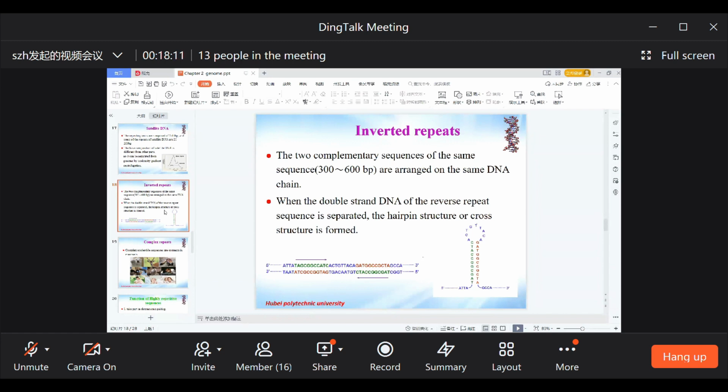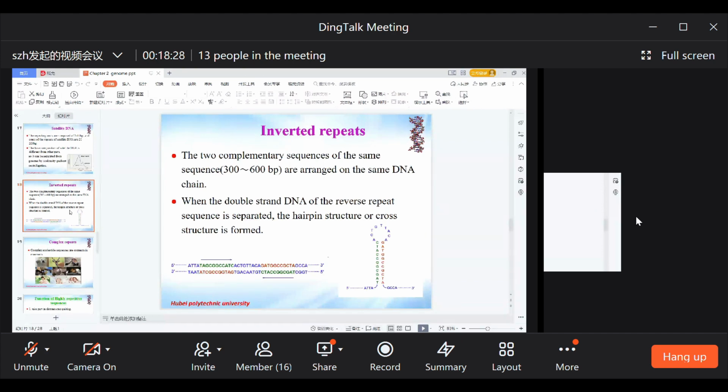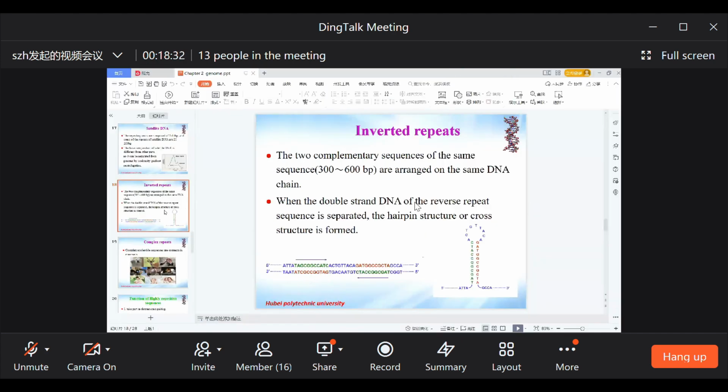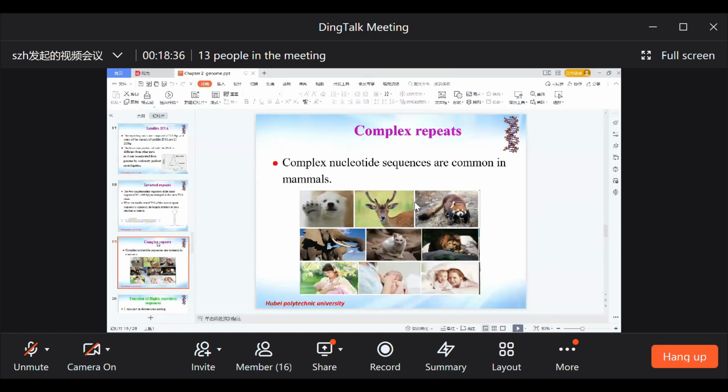And another kind of repetitive sequence, you can see the complex repetitive sequence.